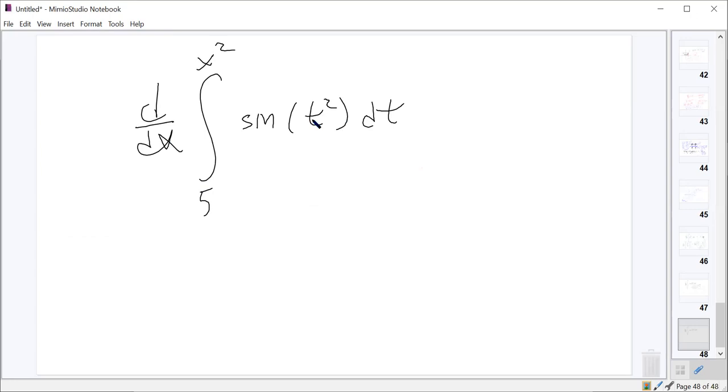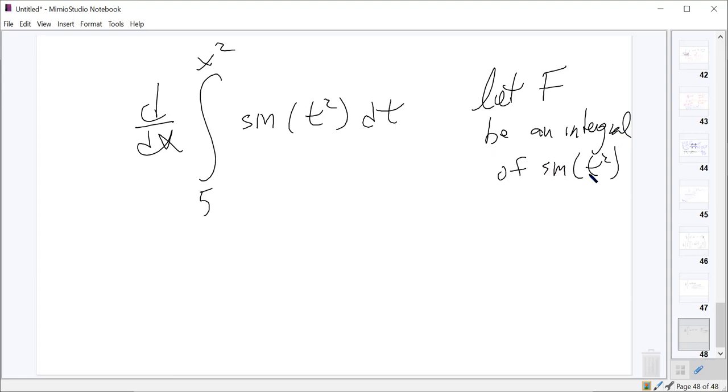When you evaluate, and this is what I did in class, I said let capital F be an integral of sine of t squared. So let some function capital F, we're going to pretend that capital F is the integral of sine t squared. So we're looking at the derivative of capital F evaluated at x squared, minus capital F evaluated at 5.